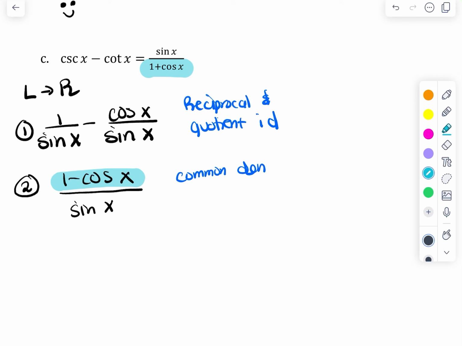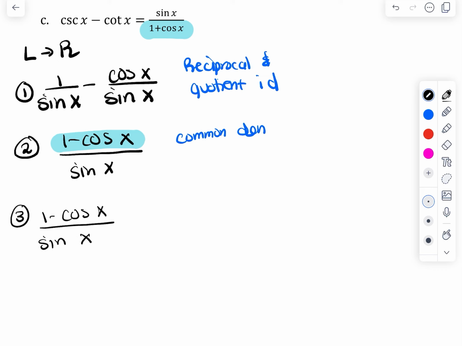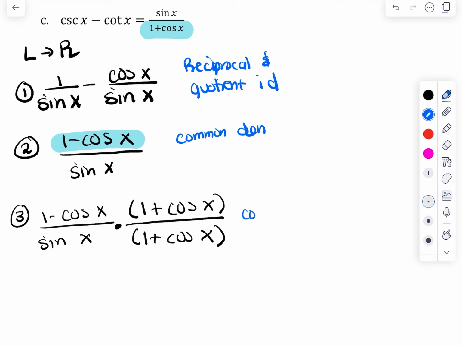So what I'm going to do is use the conjugates, and the way that you do that is you take the expression that you have and you multiply the top by the conjugate and the bottom by the conjugate. Because what I do to the top, I have to do to the bottom. So I'm multiplying here, and here what I'm doing is using the conjugate.